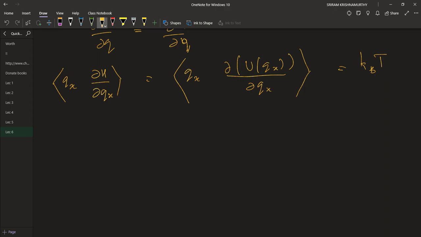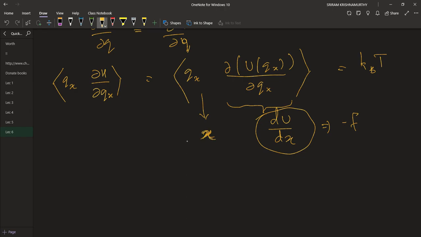Before delving deeper, I just want to give you a brief idea of what we are going to calculate here. This term is the derivative of potential with respect to coordinate, and this term is basically the coordinate. We know that this term is basically the negative of the force, and this term is the coordinate or position.